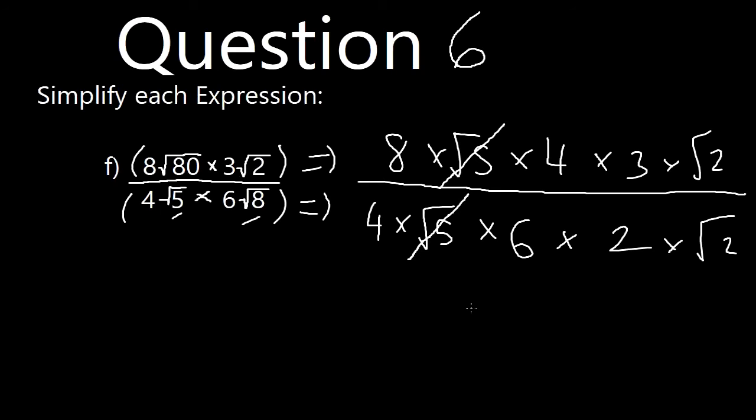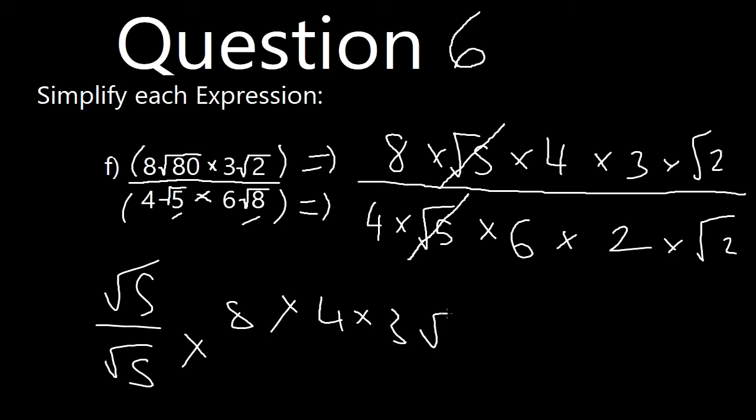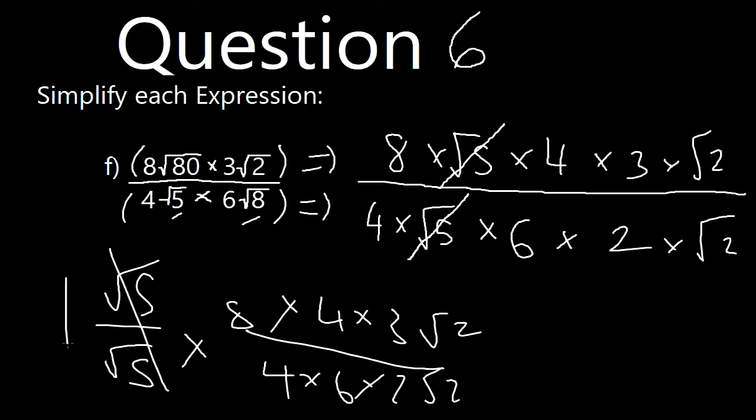Now the reason why is because we can rewrite this whole thing as root 5 on root 5 times the remainder of these. So 8 times 4 times 3 times root 2 over 4 times 6 times 2 times root 2. So if we times them together, it would be the exact same thing. And that's why we're allowed to take this out, because this is the same thing as timesing it by 1.